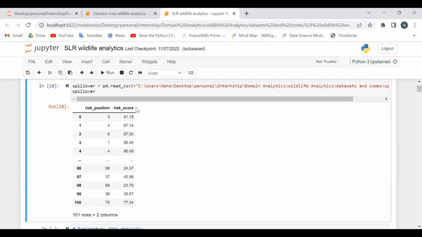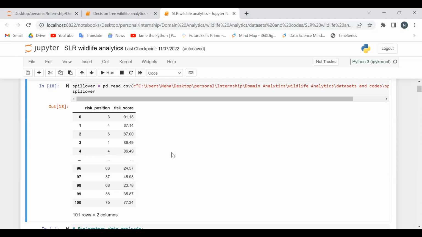This is about animal to human spillover, meaning diseases that are contagious, or that we get from wild animals to humans.